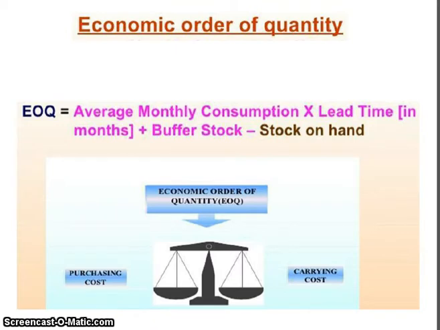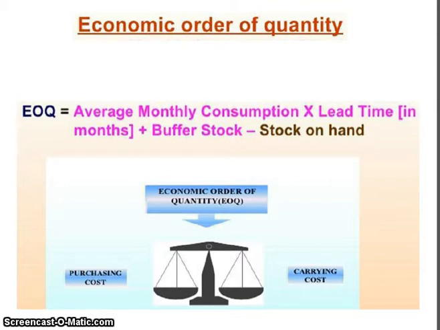Lead time means the time between two supplies, or receipts of material. First I receive it on such a date, and the next supply I may receive on such a date. So what is the time period between two consecutive receipts of the particular material? That should be mentioned in months.